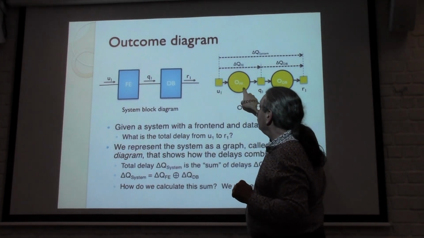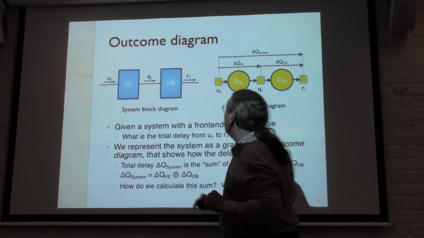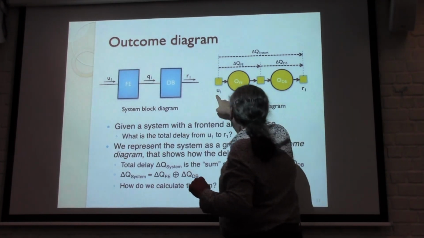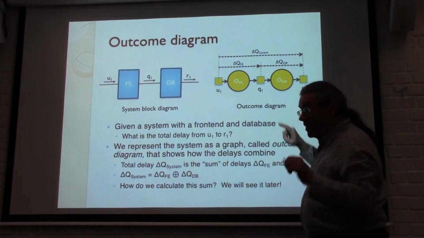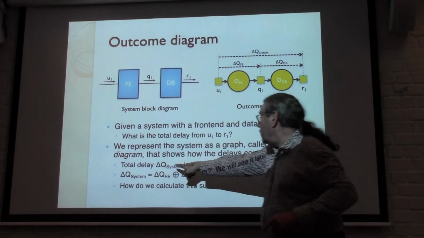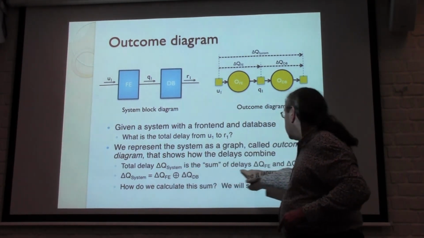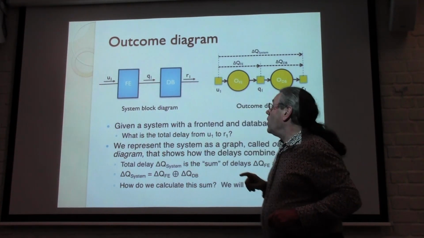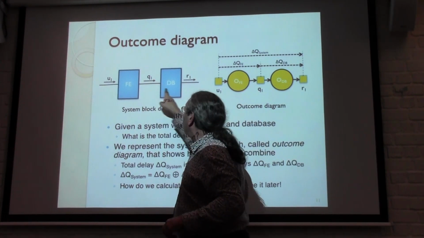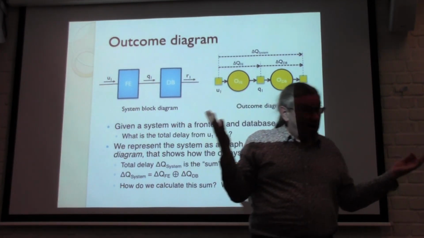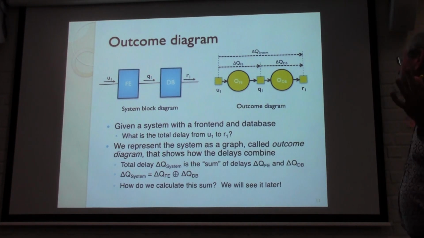Okay, it's like what you see when you look at the front end. And this one, ODB, is the outcome from the database. And so you're actually combining two delta Qs. So the total delay of the whole system is the sum of the delays of these two. Okay, if this one's 5 milliseconds and this one's 6, then the result will be 11 milliseconds. Okay, that's very simple, right?